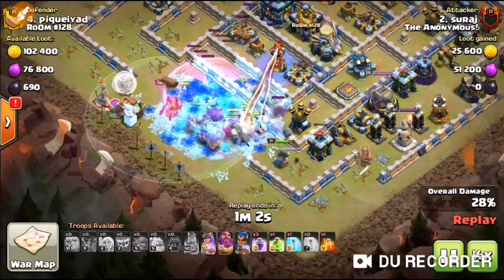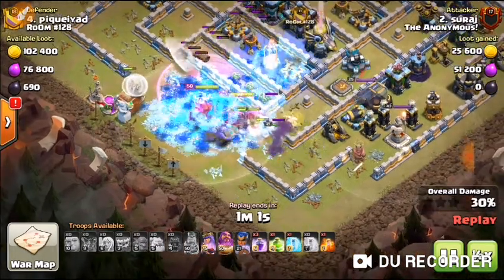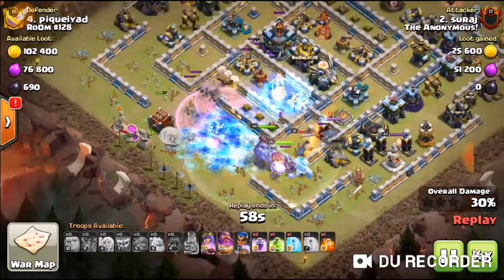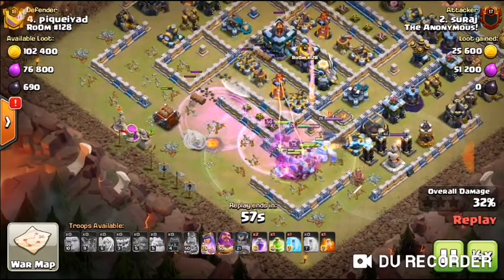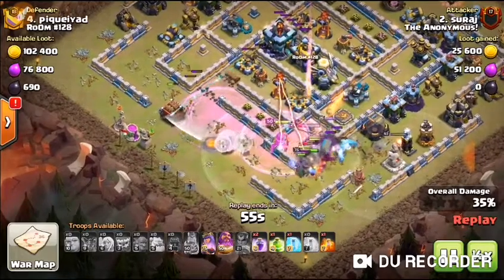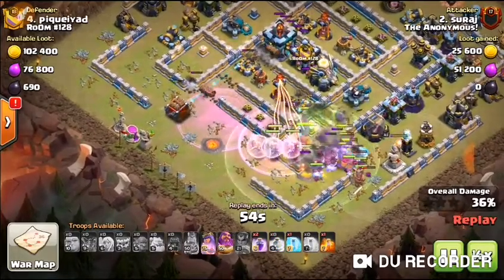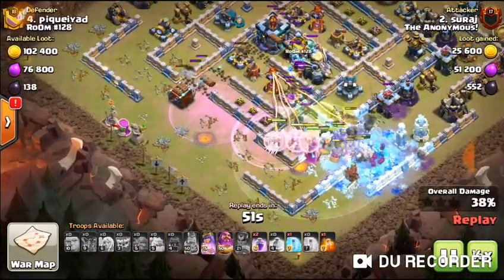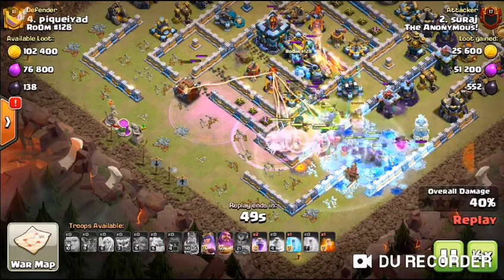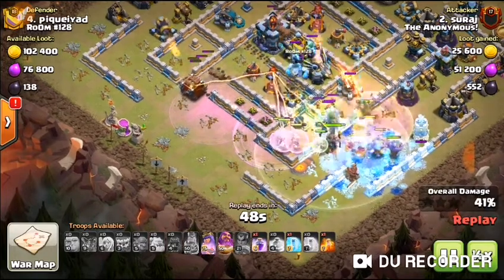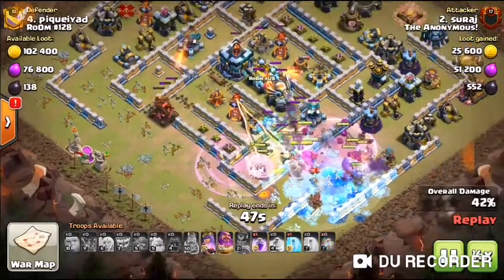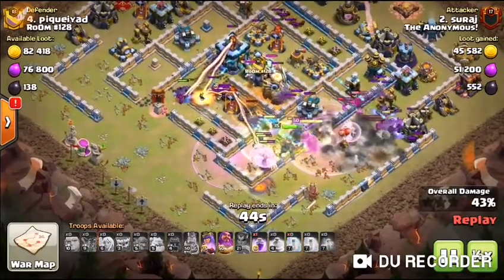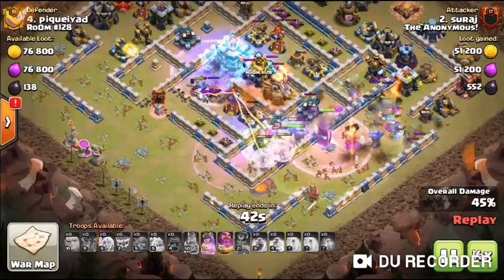Okay, you can see, guys, the rage spell is used again, and the army is almost easily able to tackle the nearby buildings.